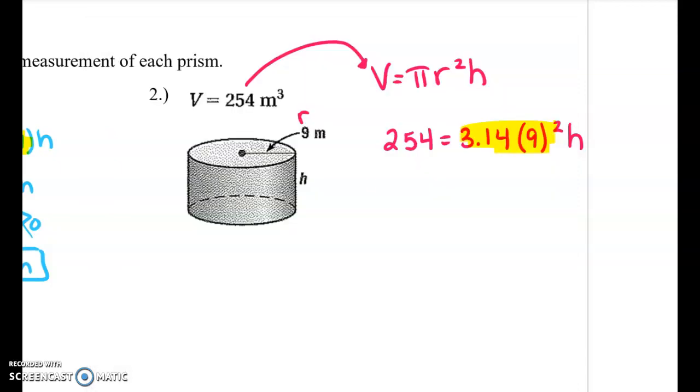Okay, so this is 254 equals 254.34h. And then you divide both sides by the 254.34.